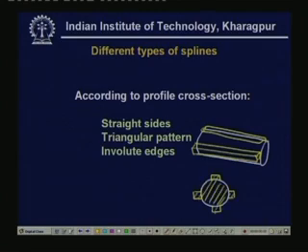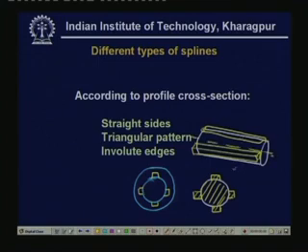The other shaft, which is the outer shaft, will have again key slots cut, and they are along the axial directions.